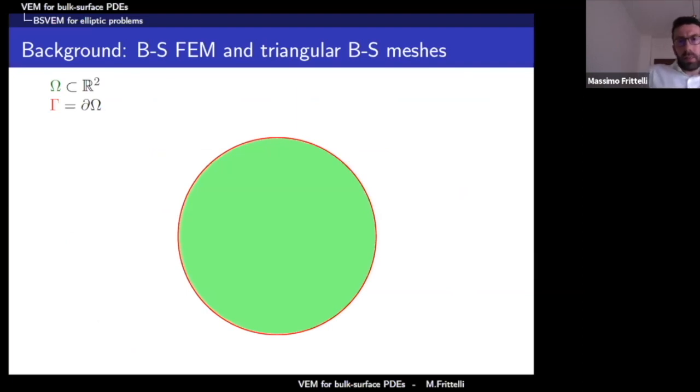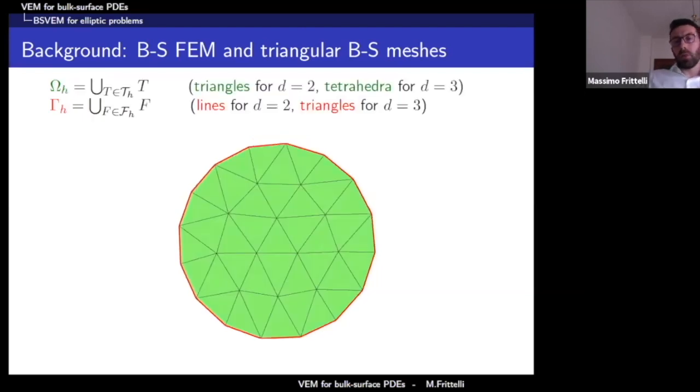So what is the background of bulk surface PDEs? Well, if I have my bulk surface domain, through standard bulk surface finite elements of triangular type, what do they do in the literature? They basically approximate the bulk with triangles, and such a bulk mesh naturally induces a surface mesh, which is made of lines in this case, as you can see, red straight lines.